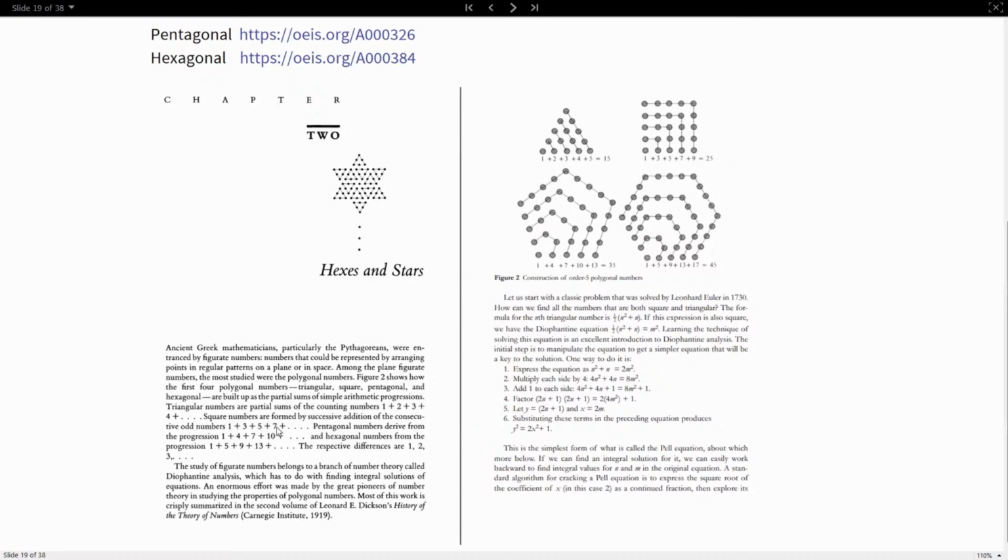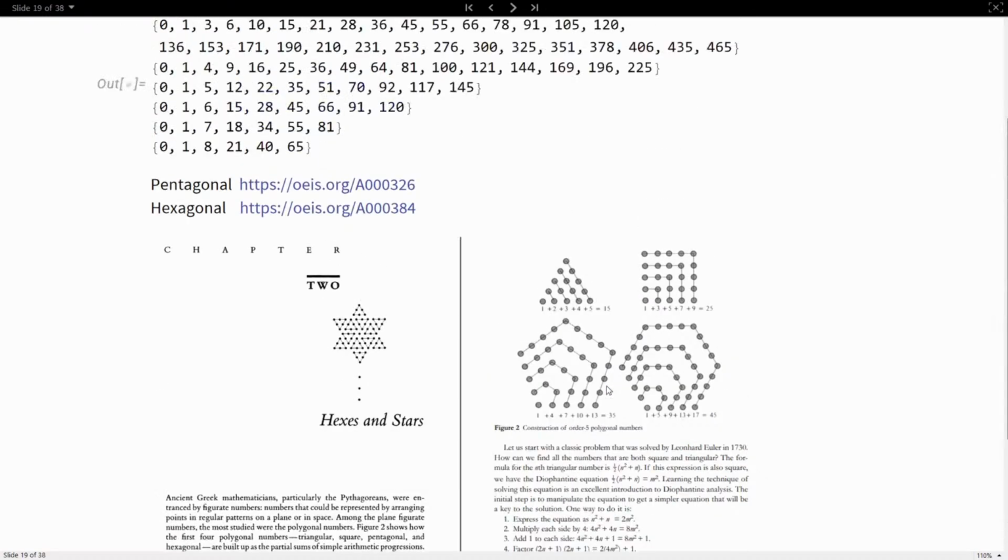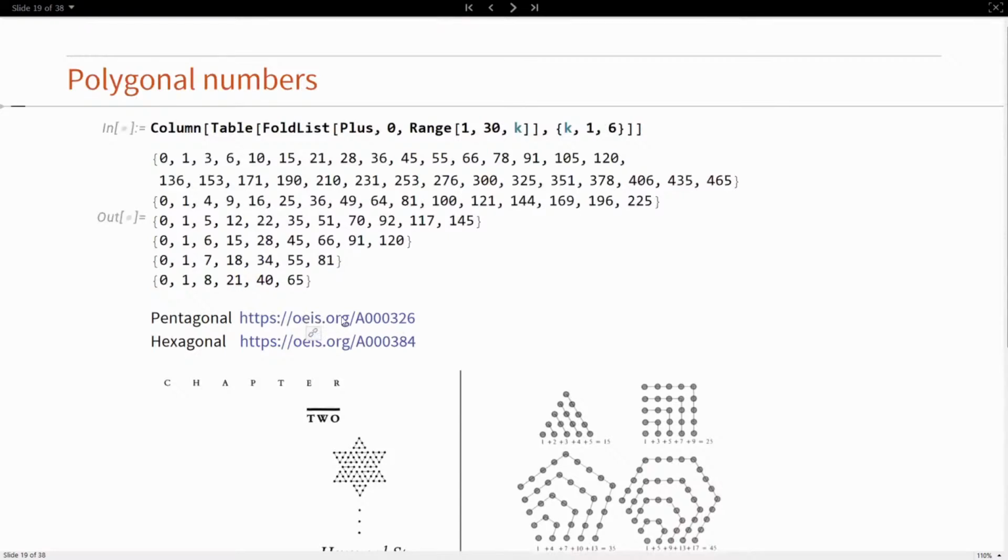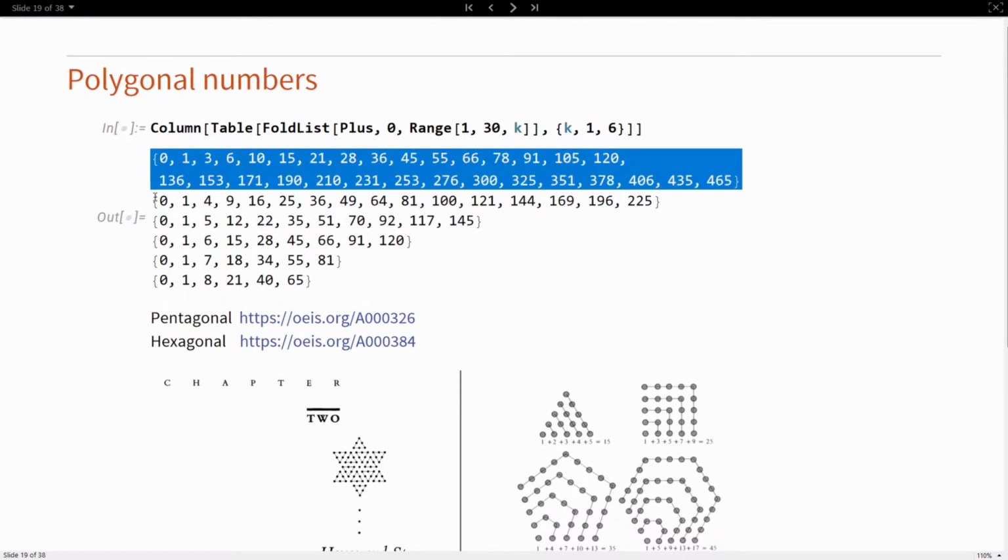The next would be 16. Those are the square numbers. So based on triangular numbers and square numbers, they extrapolated that to pentagonal numbers and hexagonal numbers. And there's various formulas for each of these. The pentagonal numbers are this sequence, the hexagonal numbers are that sequence. And here we see initial terms of each.